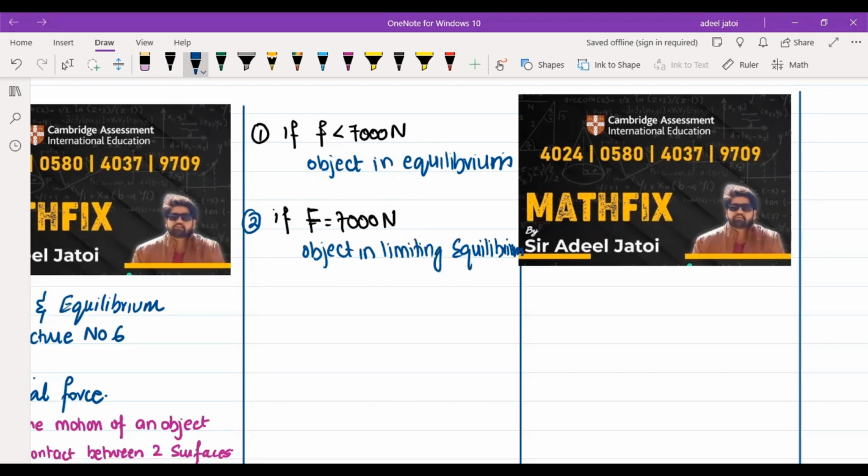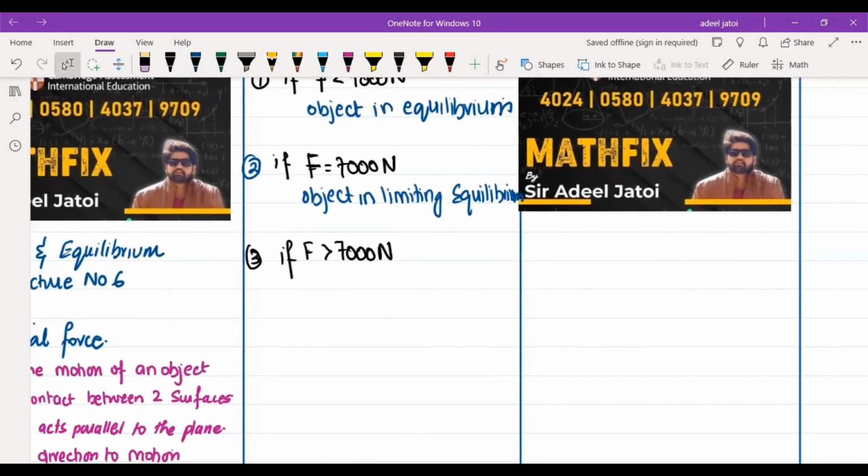Third, if the force is greater than 7,000 Newton, then the object accelerates in the direction of the force.